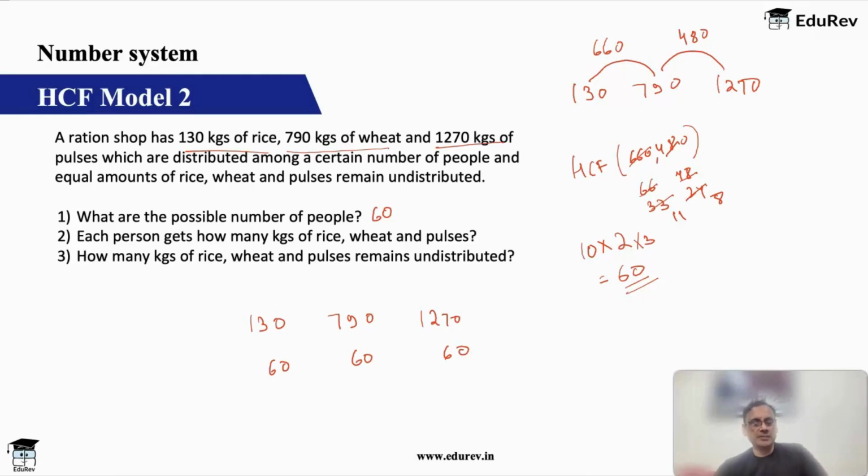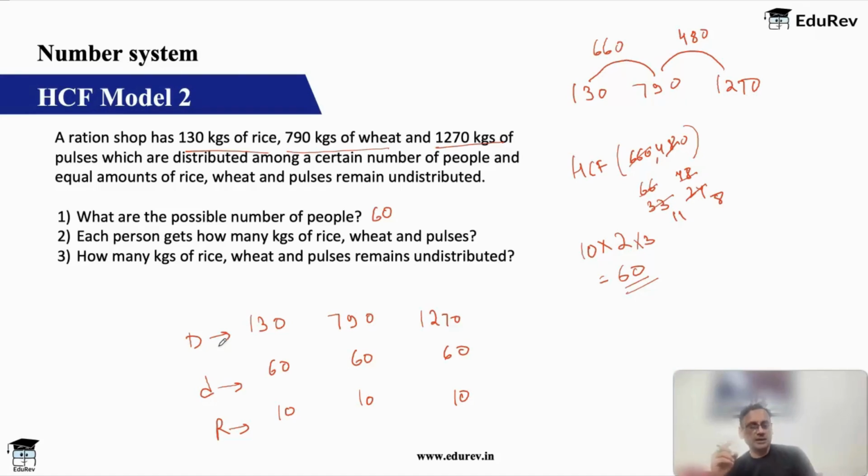So 130 divided by 60, that means 10 will be the remainder here. 10 will be the remainder here, 10 will be the remainder here. So this is my remainder, this is my divisor, and this is my dividend.